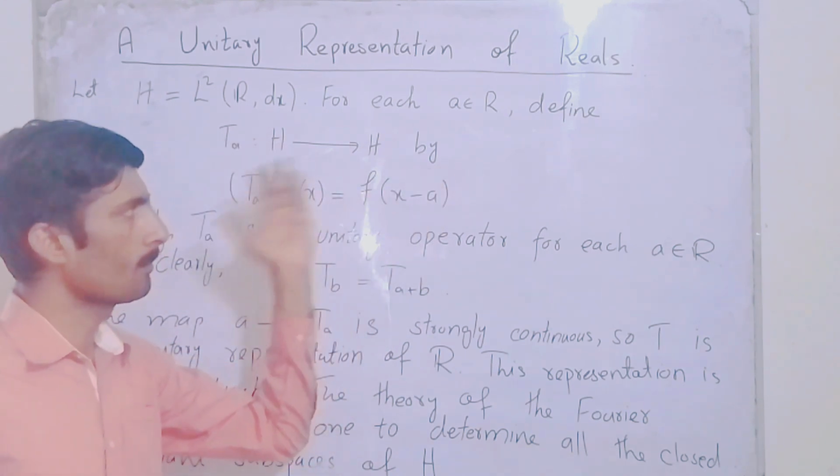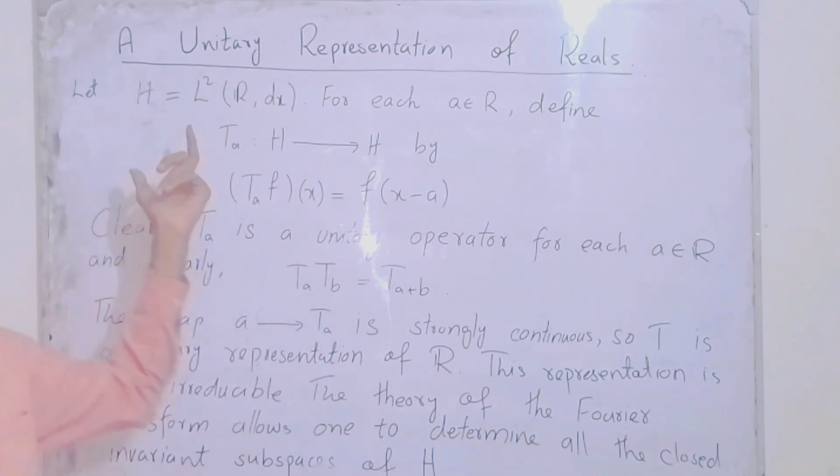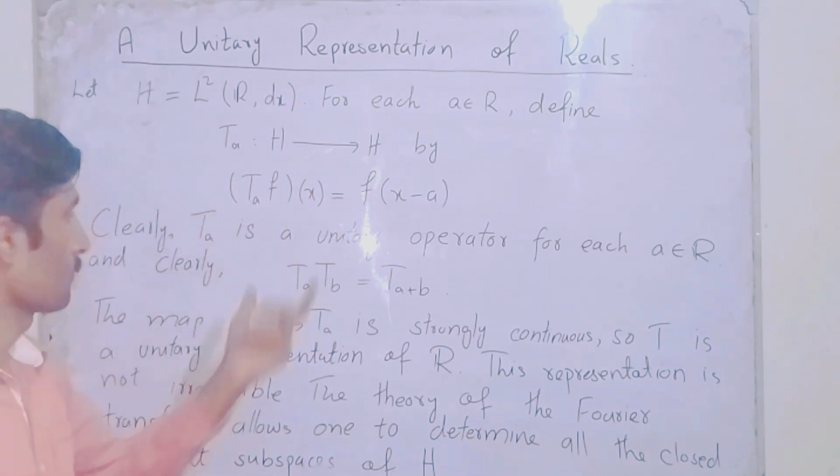So we define the map in this way. First of all, we take H, the square integrable functions.